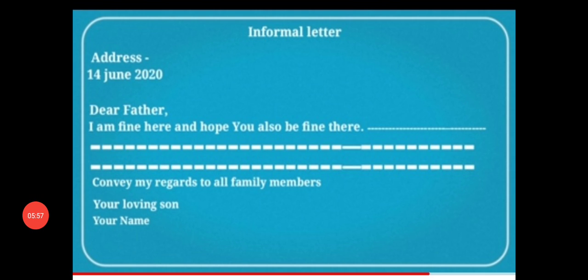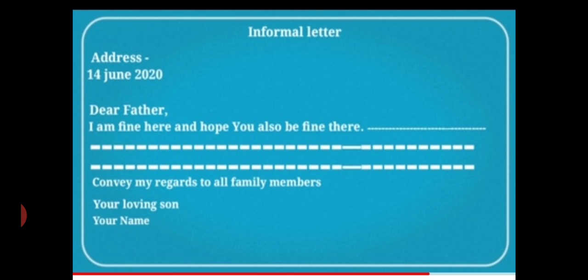Let us try to understand informal letter. What is an informal letter? An informal letter is a non-official letter that we usually write to our friends, family or relatives. Generally, there is no formal format. In an informal letter, we can use our desires, wishes and many other things also.